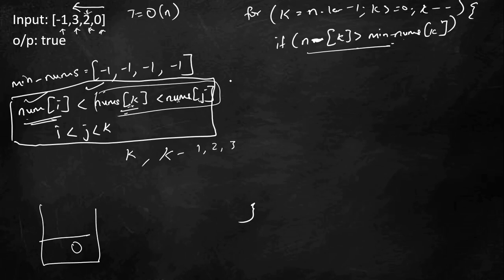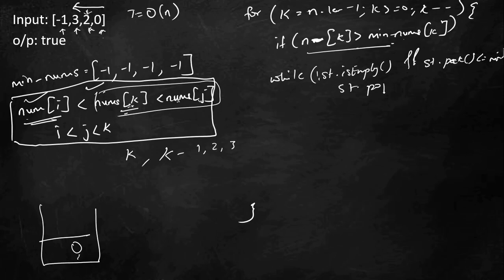If that is satisfied, I can directly check in my stack, and I can check my stack is not empty, and I can check whether my stack's peak, that is the top of the stack, is less than or equal to my min value, then pop it. So stack dot peak is less than or equal to min, then I need to do a stack dot pop.